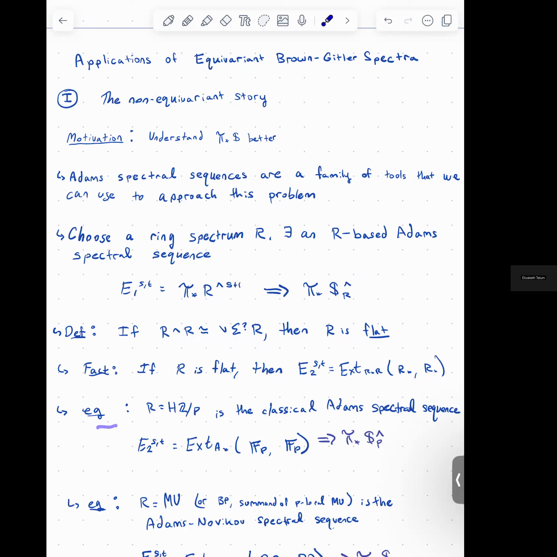For example, if R is HF_p, the mod p Eilenberg-MacLane spectrum, that's the classical Adams spectral sequence. That's probably the most familiar one. Its E2 page we write A_*, the dual Steenrod algebra for HF_p_*HF_p, and we're taking the Ext of the dual Steenrod algebra over F_p. That should converge to the homotopy groups of the p-completed sphere.